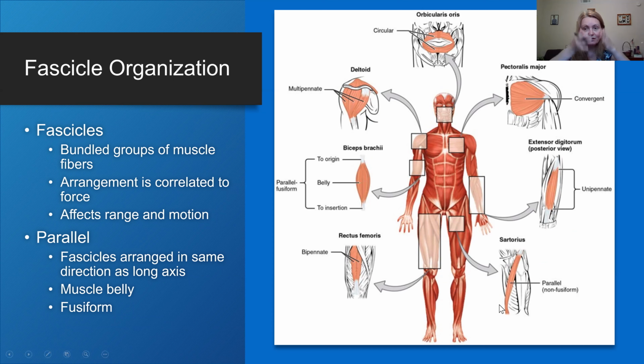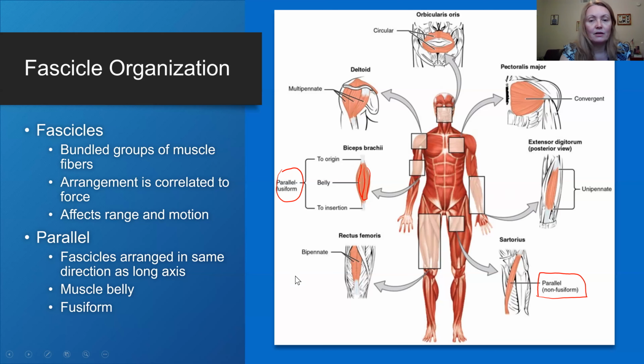When these fascicles run parallel to the main axis, sometimes they fuse, like over here, they run parallel and then they fuse. And this is called parallel fusiform. Or they might be parallel not fusiform. So they are just parallel, but they do not fuse at the insertion point, where the tendon is.